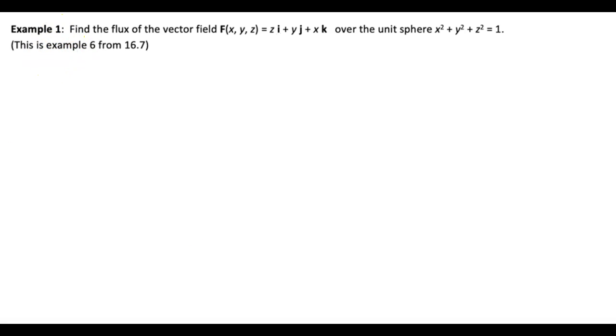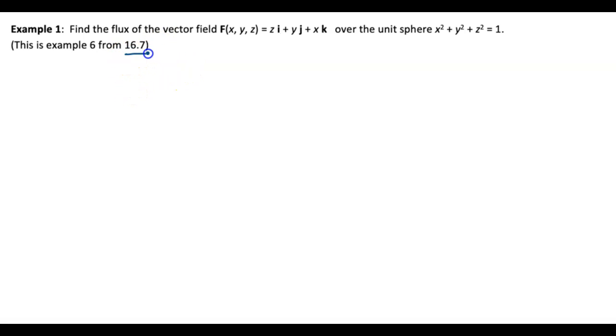We want to find the flux of this vector field f of xyz is equal to zi plus yj plus xk over the unit sphere x squared plus y squared plus z squared equals 1. Now, if we remember, this was an example from section 16.7 on surface integrals.